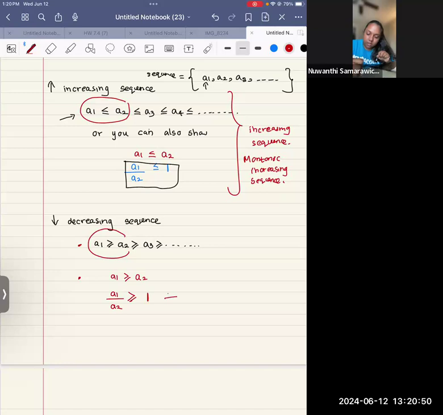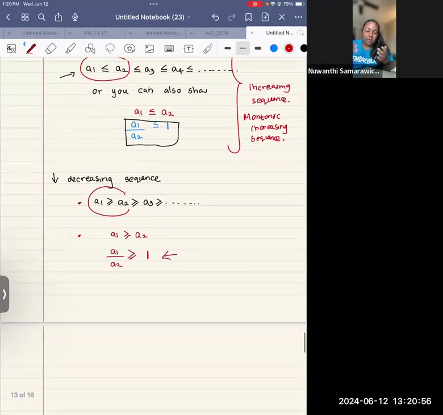If we show this, we can say that the sequence is decreasing. So if we show this also, we can say this is a monotonic decreasing sequence.